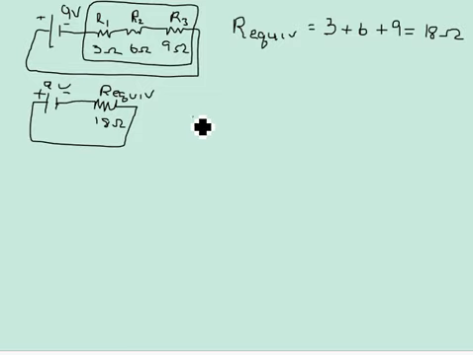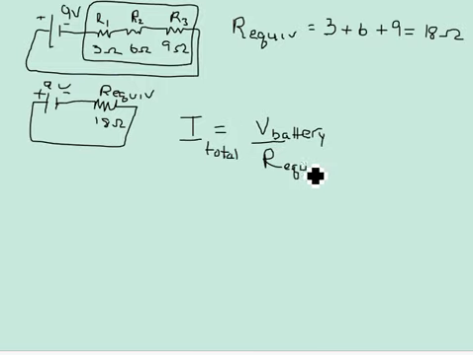Instead of saying I equals V over R, I add a little subscript. I say I total, meaning the total current in the circuit is equal to the voltage of the battery divided by the equivalent resistance. That way I really know I'm talking about a circuit where I have multiple devices.